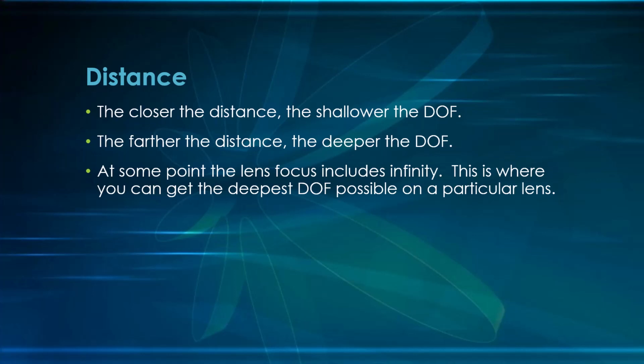So if we adjust the focus so that the nearest part of the depth of field, or the nearest thing in focus, is at a particular number of feet on a particular lens, and the farthest part of the depth of field hits infinity, then that's when we get really the deepest depth of field at any aperture. And as we close the aperture down, we may bring the closer part of the depth of field even closer. So that's one thing to bear in mind.